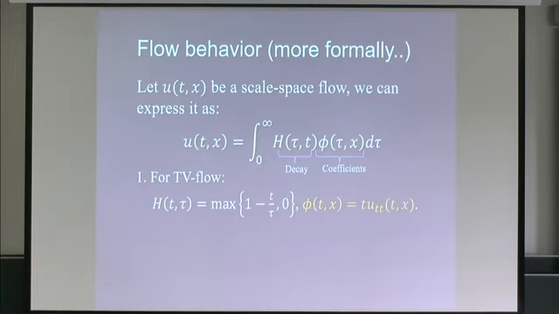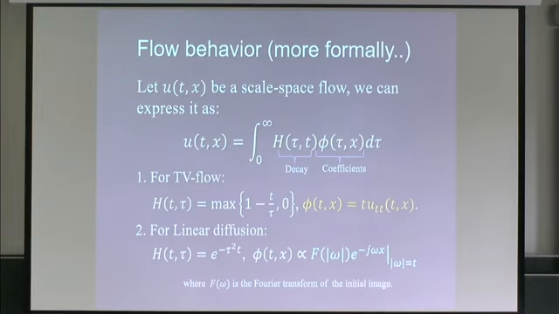With this formulation, we can show that when h is this linear decay, which looks like this, the phi's here give exactly the spectral formulation. And for linear diffusion, it's an exponential decay, depending on the frequency, and phi related to the frequency itself. So basically, we now have a common thing: this is the TV transform, this is the Fourier transform, now these phi's here. Okay, so we now have maybe a path to generalize things even further.